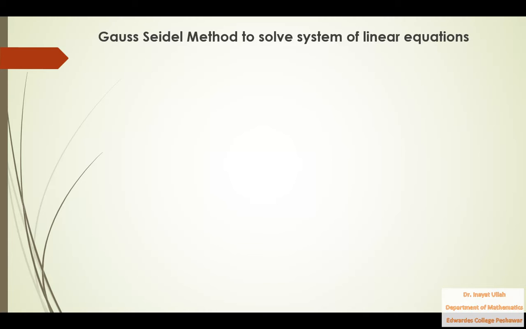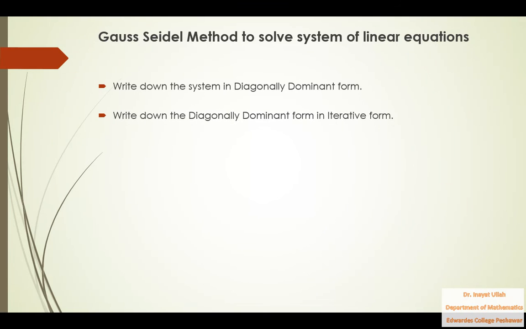What is the main difference between these two? Let me explain. The first thing is you need to write the system in diagonally dominant form. That is a very important step. Secondly, you need to write the diagonally dominant form in iterative form.